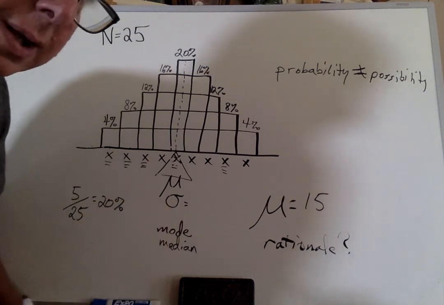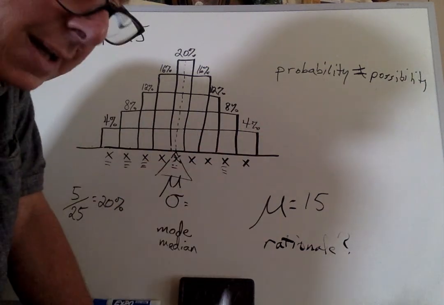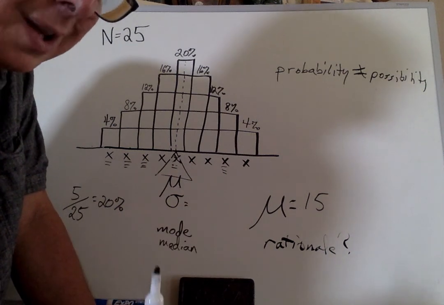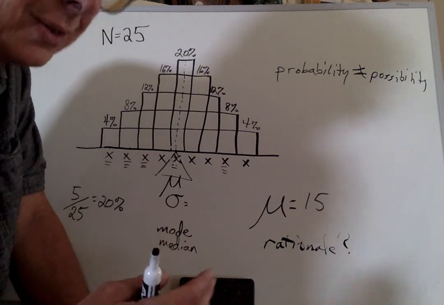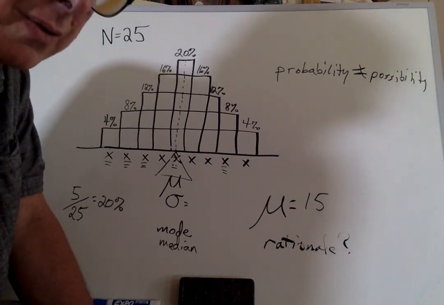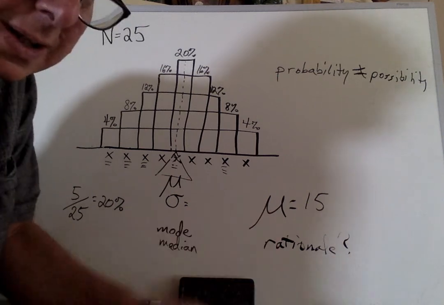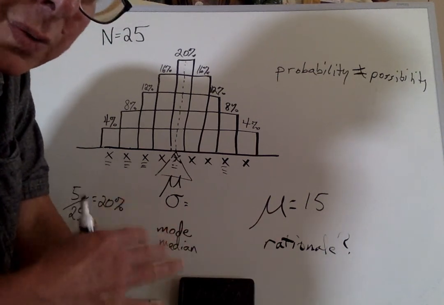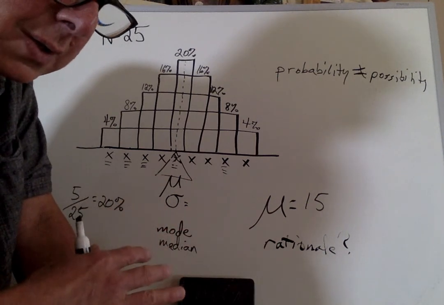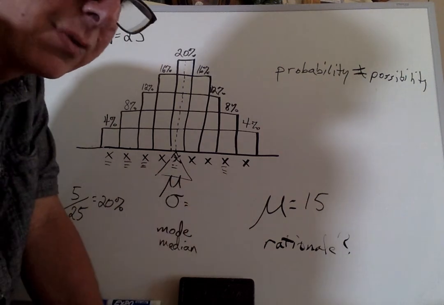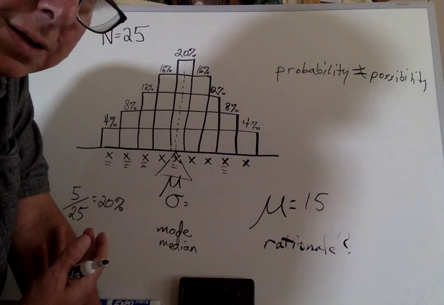Okay? With the Quincunx, I'm going to guess that most of those ball bearings are going to go right down the middle. Could I be wrong once in a while? Sure. With 256 coins, basically is what I'm doing. With 256 blocks, that's basically what I'm doing with the Quincunx. It's not likely that I'm going to be wrong. Okay? But the mean can't be 14 and 15.